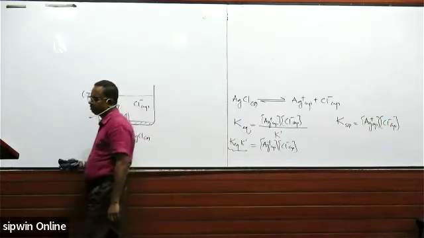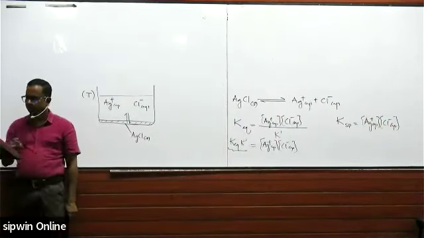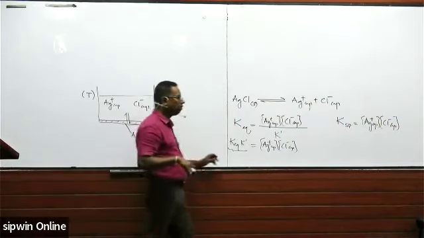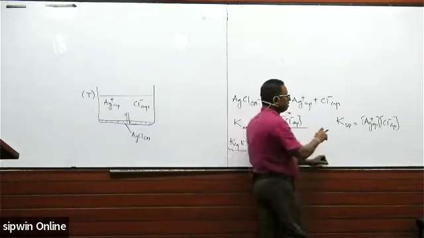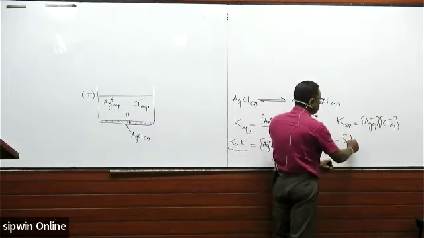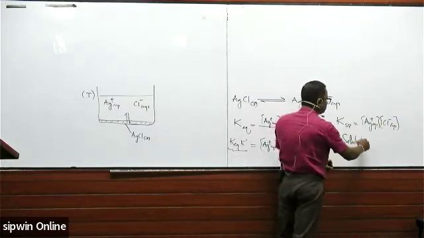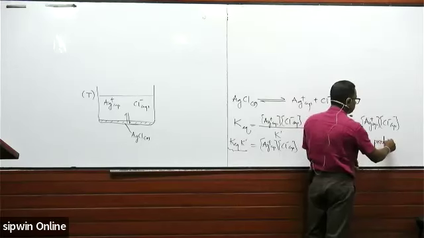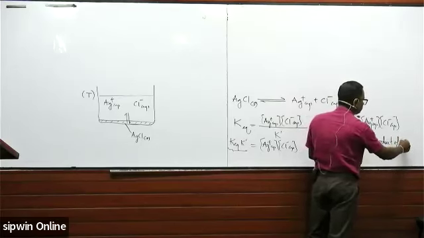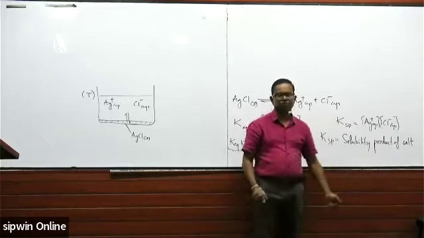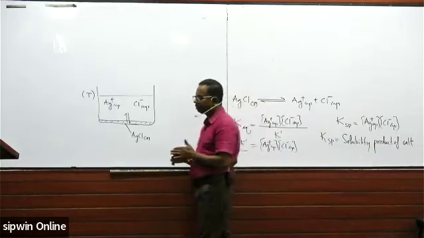Subscript S and P, capital S, capital P. We call this one another equilibrium constant. KSP means solubility product of salt. Solubility product of salt.